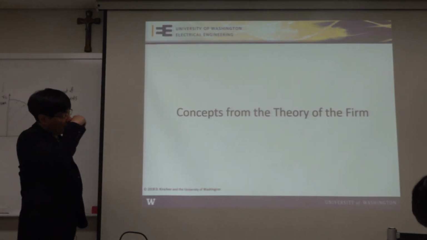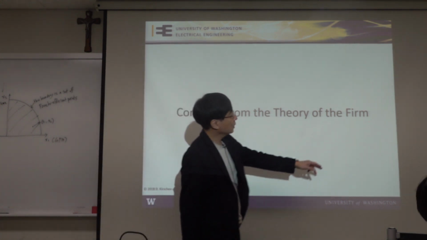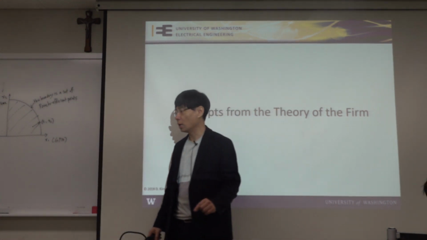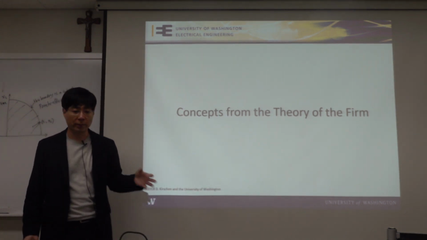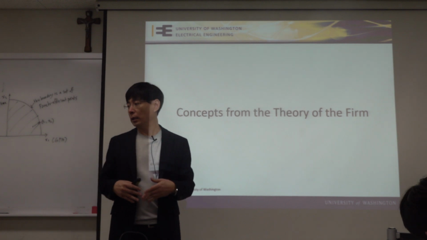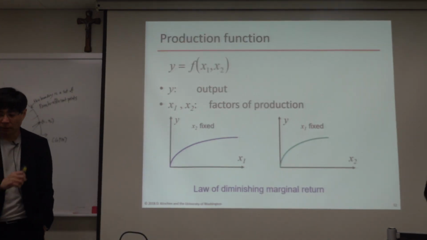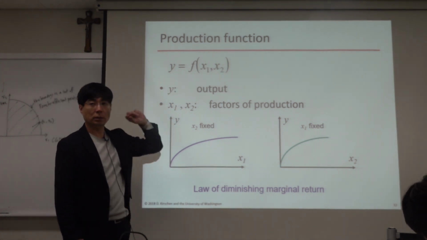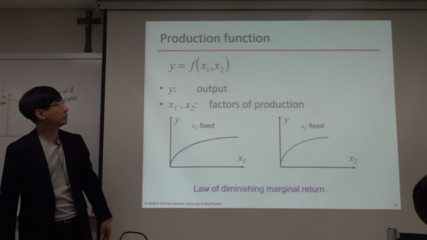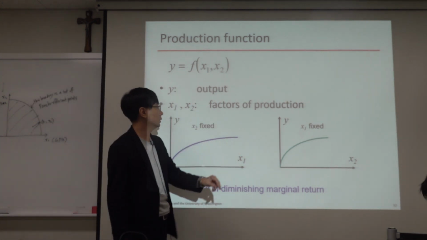Okay, and let's talk about concepts from the theory of the firm. In economics, the firm means a company. The company produces apples, laptops, cell phones, and so on. So let's talk about the production function. Here, Y is the quantity of the production, and X1 and X2 are the factors of production.